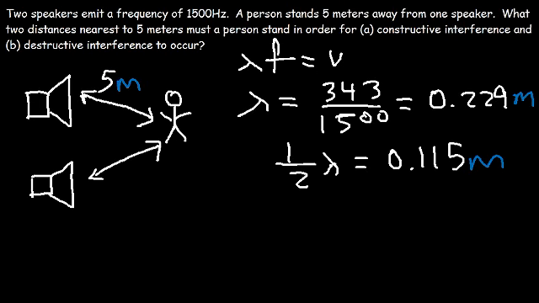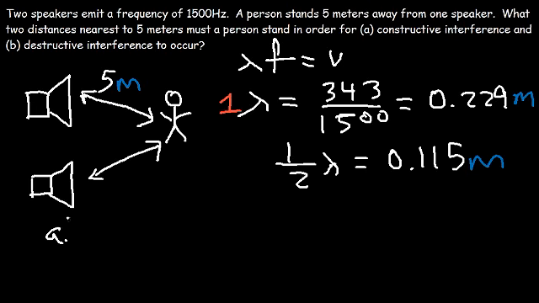Now, for constructive interference to occur, it has to differ by at least one wavelength. Now, we want the distance nearest to 5, so we don't want to use 2 or 3 wavelengths, even though constructive interference can occur at those points. But we want the closest distance to 5.